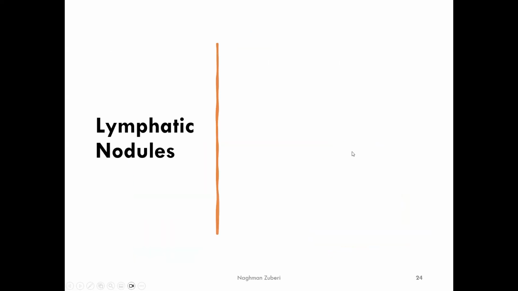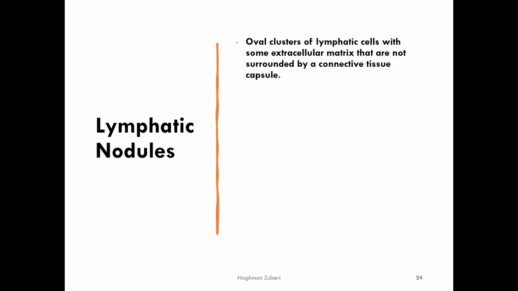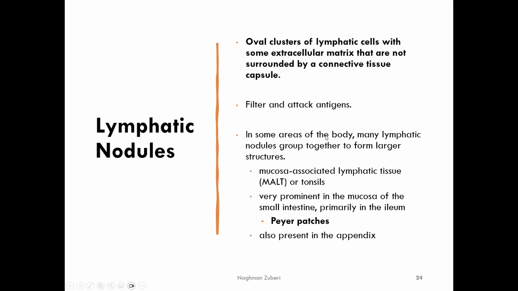Lymphatic nodules. These are oval clusters of lymphatic cells with some extracellular matrix that are not surrounded by a connective tissue capsule. They filter and attack the antigens. In some areas of the body, many lymphatic nodules group together to form larger structures like mucosa-associated lymphatic tissue, which we also call MALT, or tonsils.